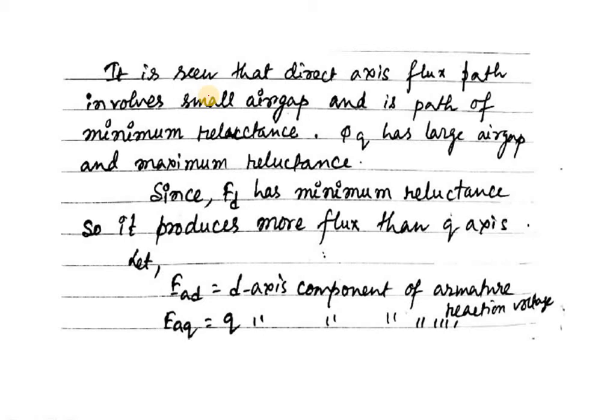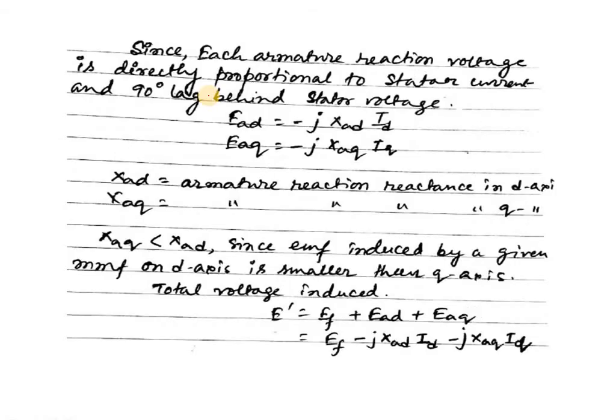Let EAD be the D-axis component of armature reaction voltage, and EAQ the Q-axis component of armature reaction voltage.